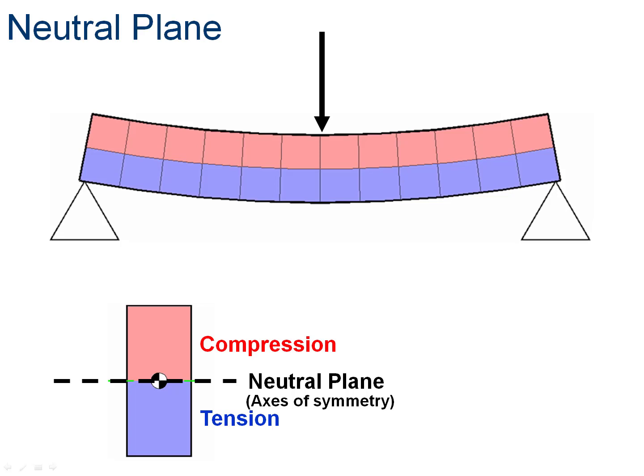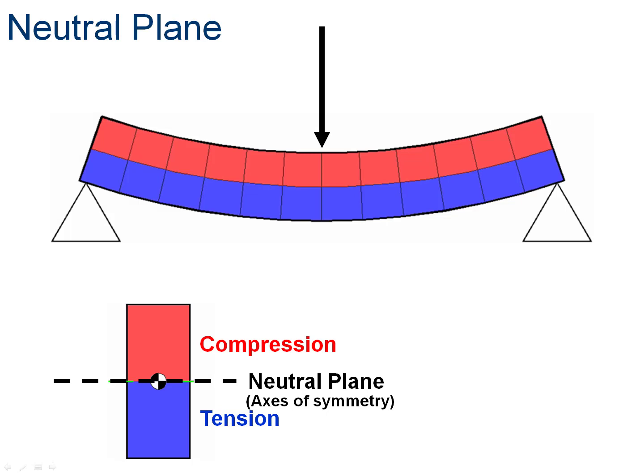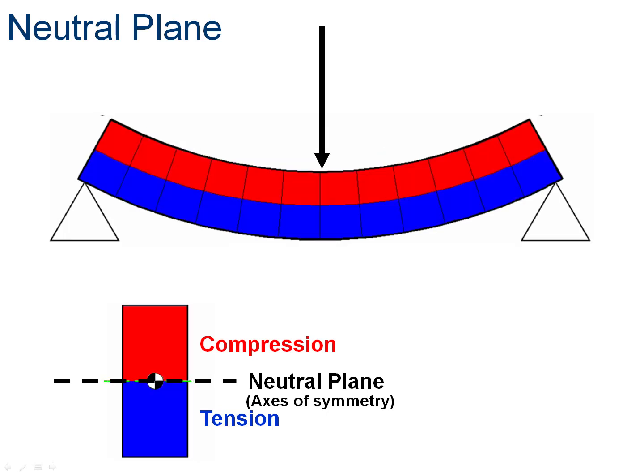As I start to bend that, the top squishes together and the bottom rips apart. So it goes under more and more load, the force coming down. That's the force arrow coming down on the top. Compression is on the top, tension is on the bottom, and the neutral plane lies between the two. So that's why we want to look at how to calculate a centroid.